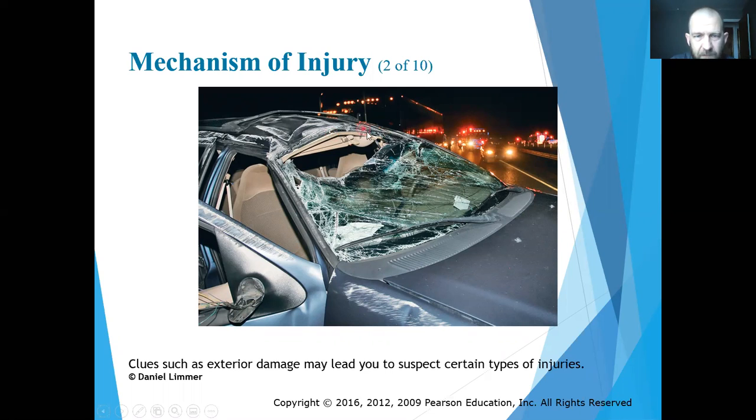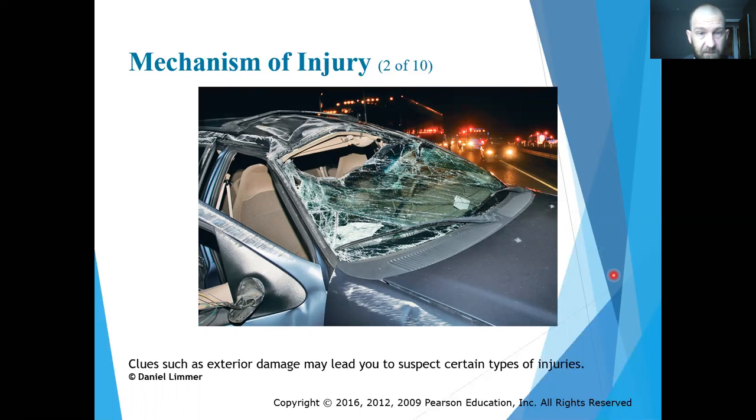The roof is kind of crunched in, and the way this angle is, this tells me that this car went over and the weight rested over here on the driver's side, crunched it in, and that broke the windshield out and everything else. So this car, not long before this picture was taken, was on its roof, or at least on its side, possibly on its roof there, and then it got rolled back over.